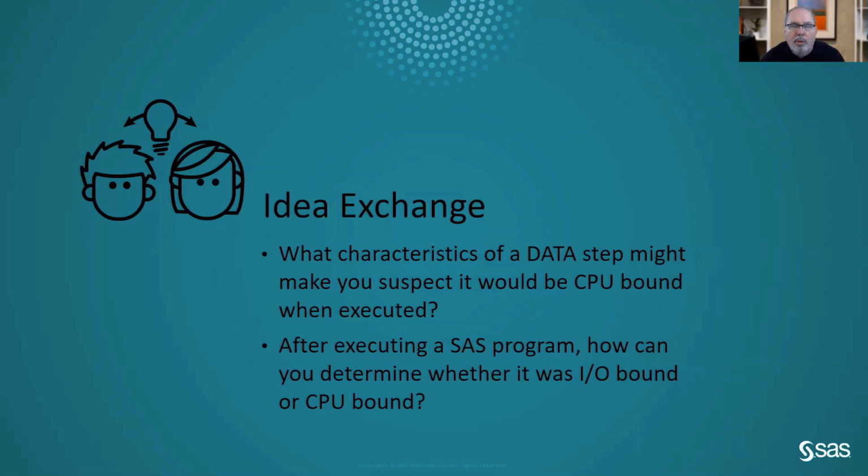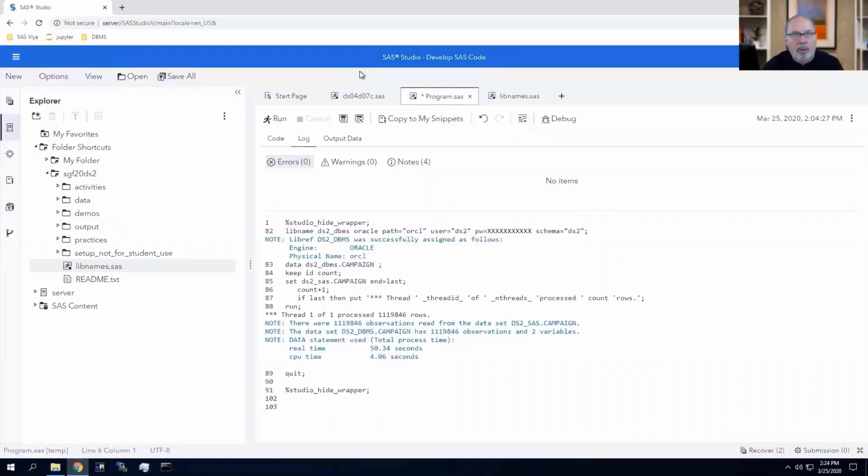So we might wonder, what kind of programs would tend to be CPU-bound and benefit from threading on the SAS compute platform? And more importantly, even if we suspect it, how can we tell by looking at the SAS log after we've run our code whether or not the process is indeed CPU-bound or I/O-bound? Well, the quickest way to tell if your process is I/O-bound or CPU-bound is to take a look at the SAS log after your program is run.